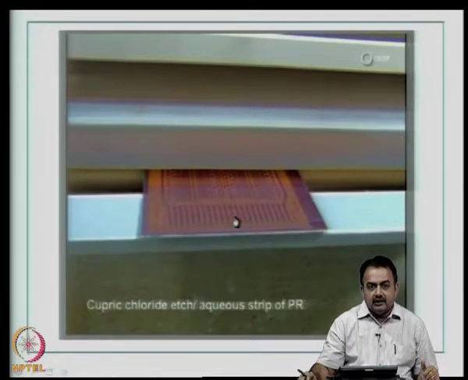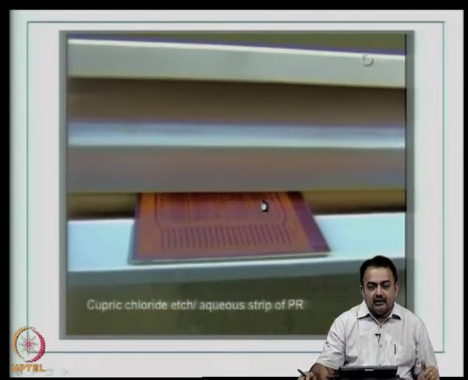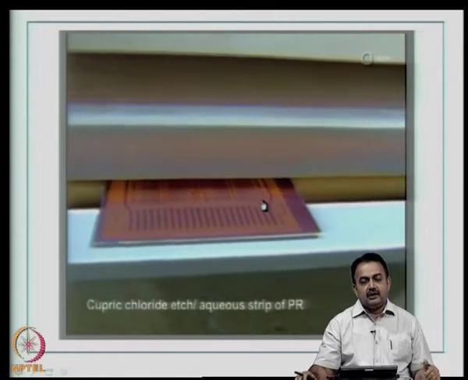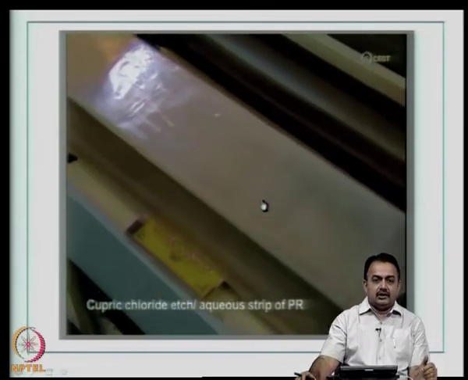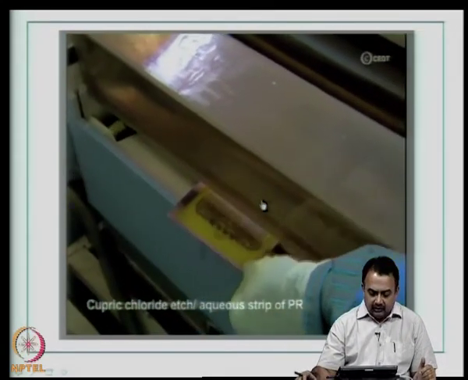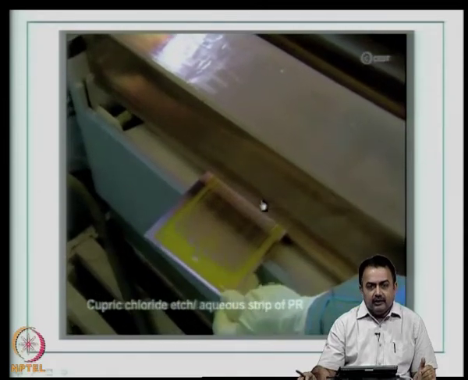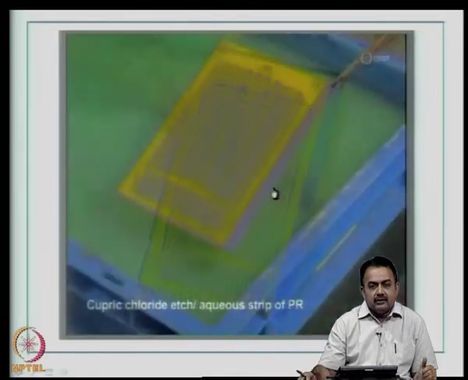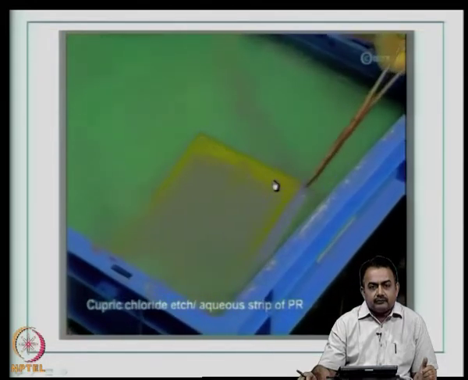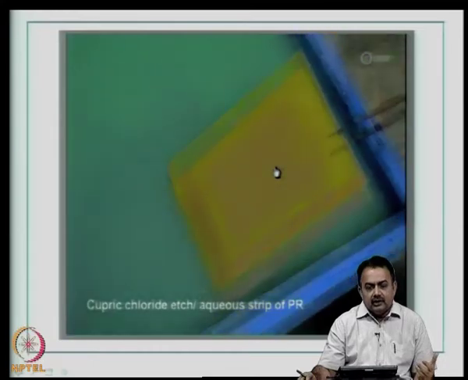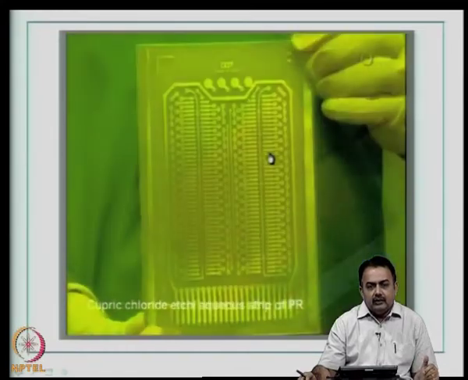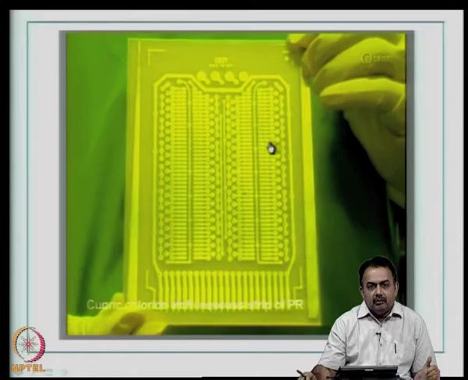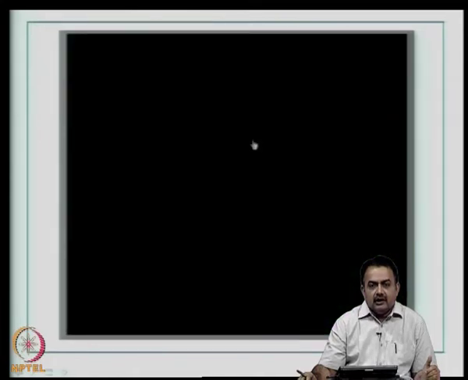The pink areas that you see here are the protected areas pertaining to the circuitry. Now, the board enters into the conveyorized chamber, and then typically the equipment will have spray nozzles that spray the etchant, and then finally you will remove the protective photoresist, and then you will get the completed circuit.